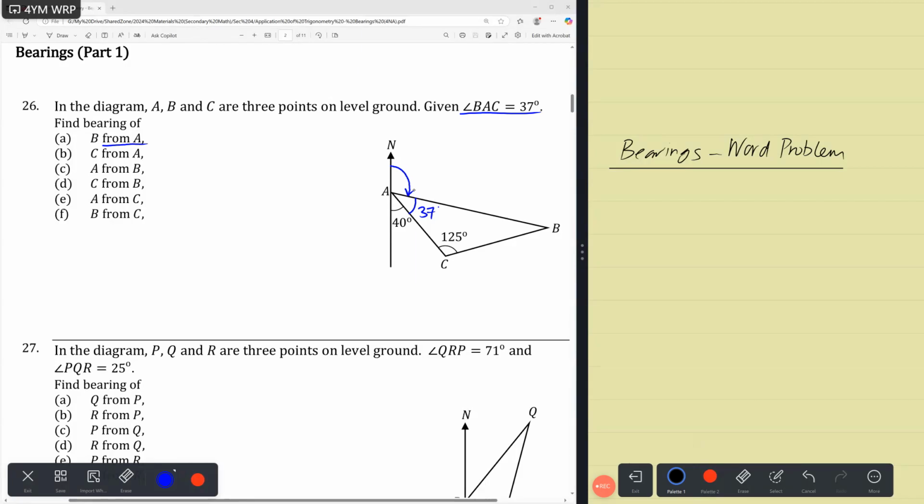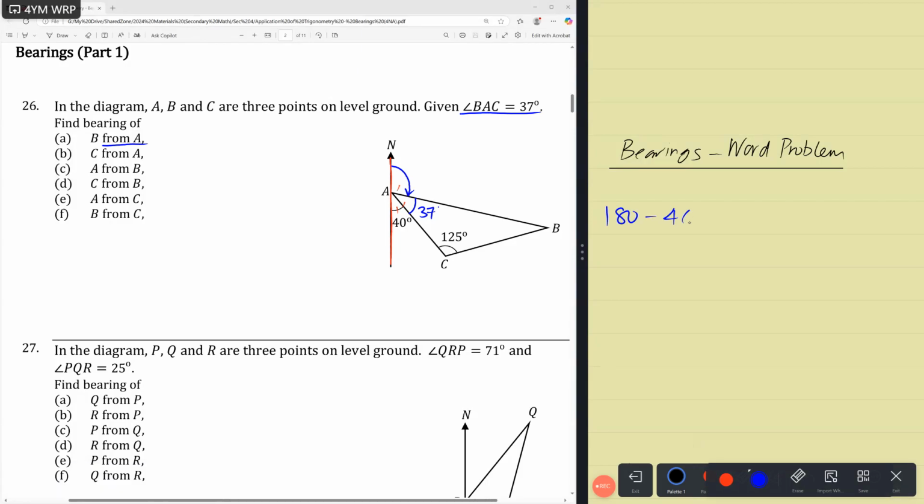So if you look at this carefully, this north arrow is a straight line, and all these three angles, 1, 2, 3 here, make 180 degrees, right? So to get our bearing, it is simply 180 minus 40 minus 37 degrees.